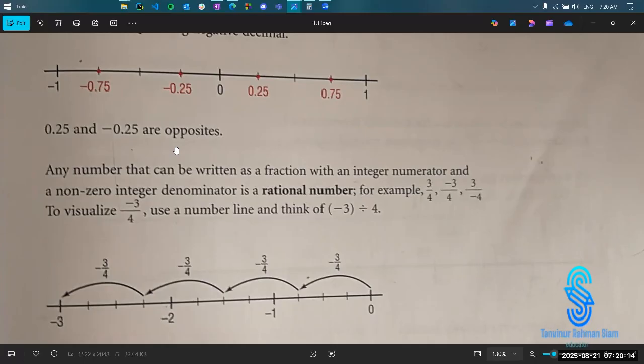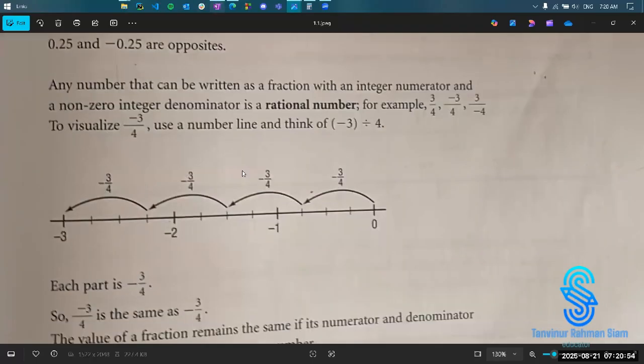Now they are providing us with the definition: any number that can be written as a fraction with an integer numerator and a non-zero integer denominator is known as a rational number. The important point is that the denominator can't be zero.